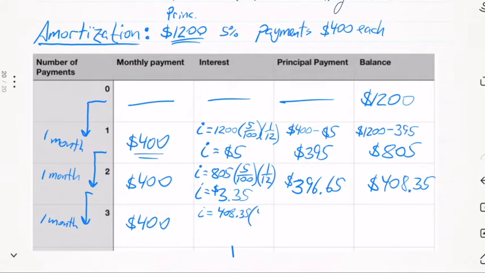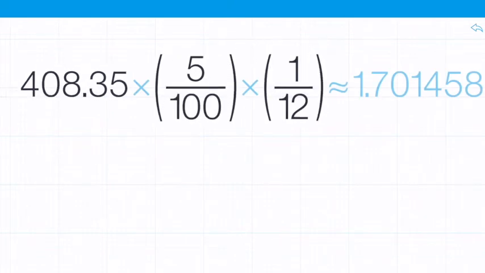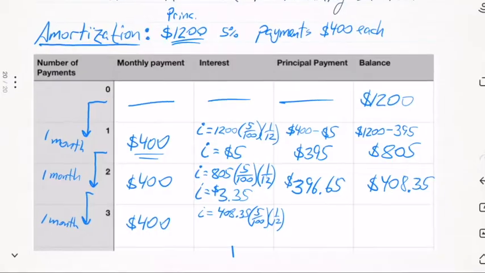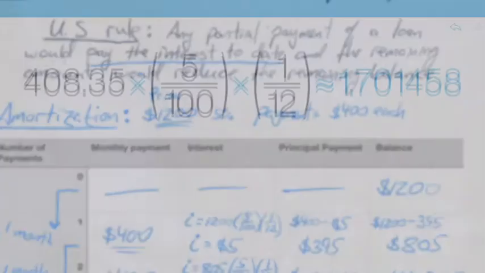We're going to multiply by 5 over 100 and 1 over 12. 408.35 times 5% interest times 1 month. It gets kind of repetitive. So $1.70. And then we're going to subtract that away from 400.